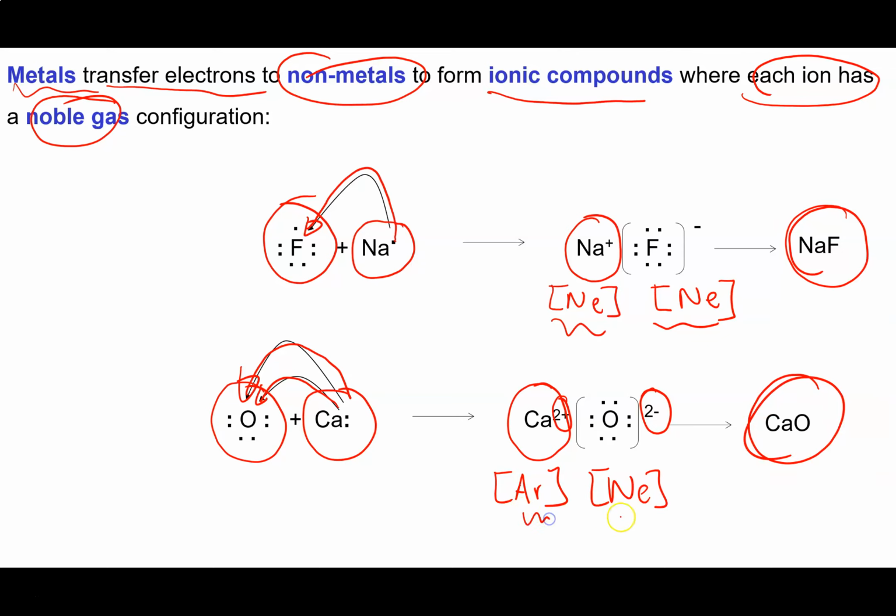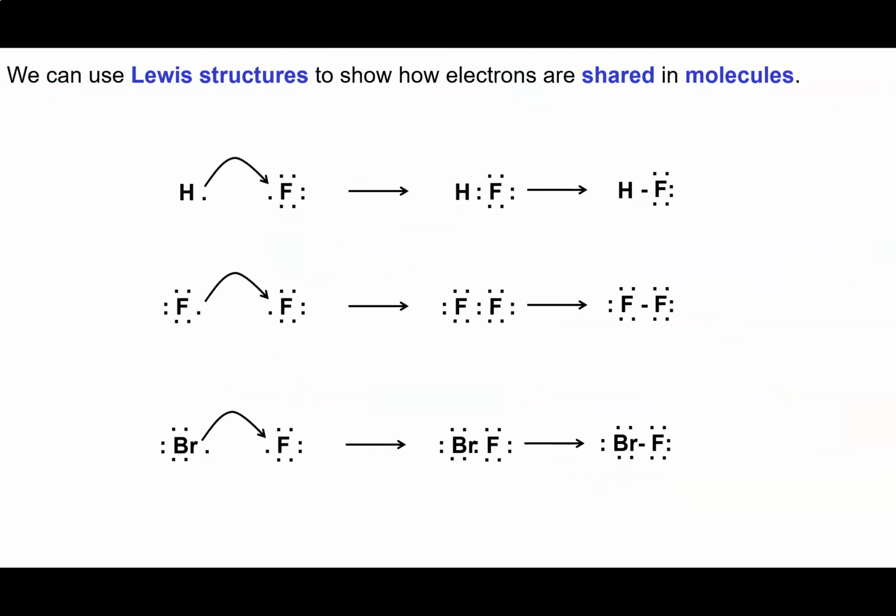So again, every atom achieves a noble gas configuration, but they become stuck to one another. Okay, so that's how we can use Lewis structures to illustrate the formation of ionic compounds, and in particular to illustrate electron transfer between a metal and a non-metal to form an ionic compound.